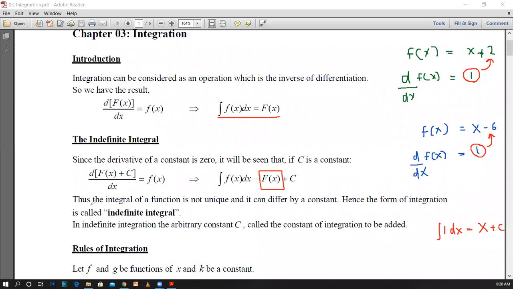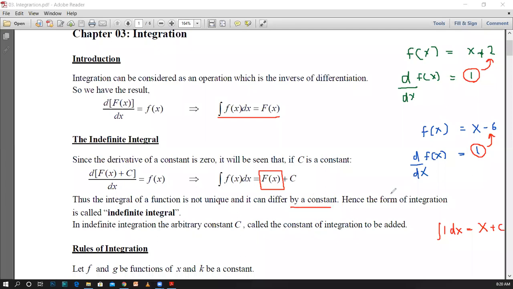Therefore, if you are integrating this function, the integral is not unique, and it can be defined by a constant. You can see in this example also: once you integrate 1, you may get x plus 2, x minus 6, or any other various function. Therefore, the function may vary, so you can define it just by using a constant.